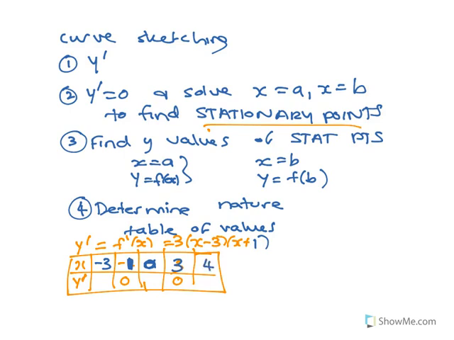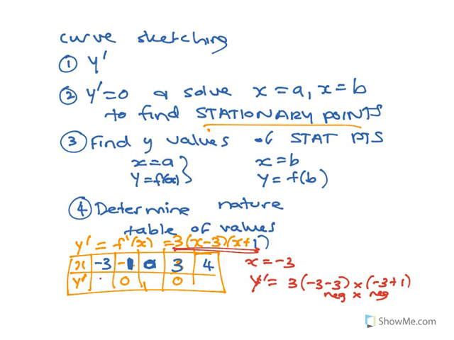Notice how I've got this in a factored form. If you put minus 3 in there, then you know y dash would be 3 times minus 3 minus 3 times minus 3 plus 1. It's a negative times a negative, so straight away you can see the sign is positive.